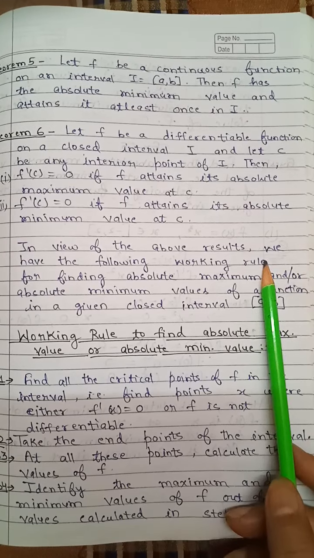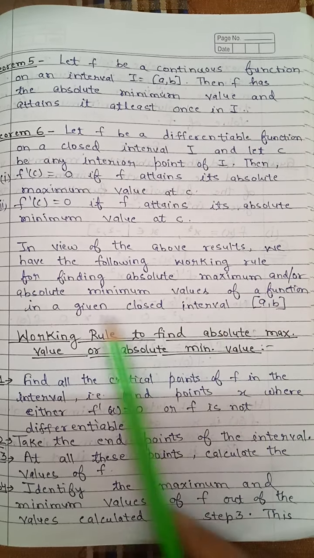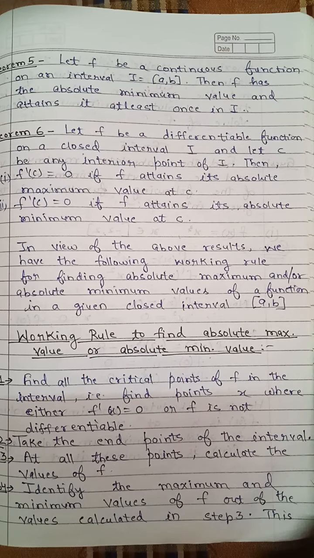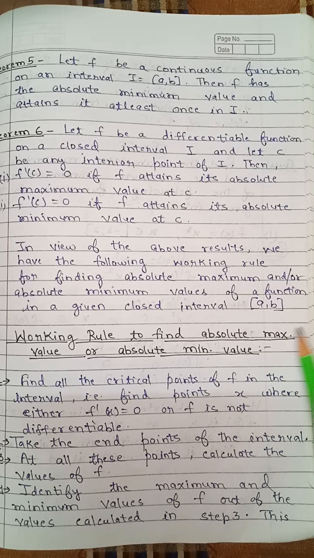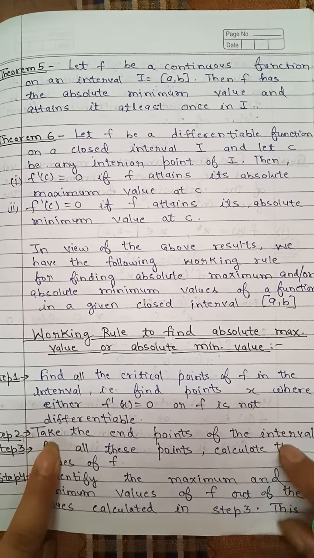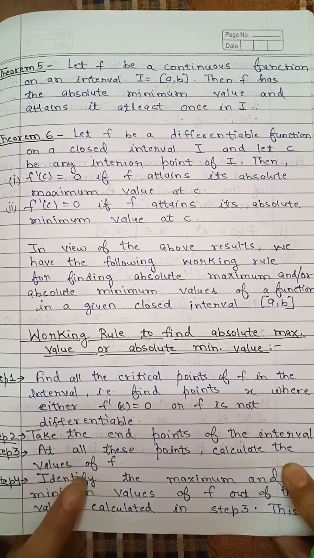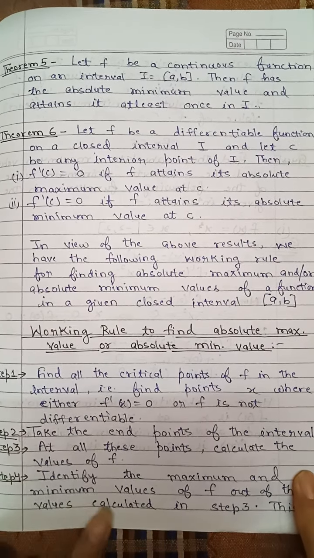So in view of the above results, we have the following working rules for finding the absolute maximum and absolute minimum values of a function in a given closed interval [a, b]. So there are a few steps. If you remember these steps, you can easily find the absolute minimum and absolute maximum values. Step 1.